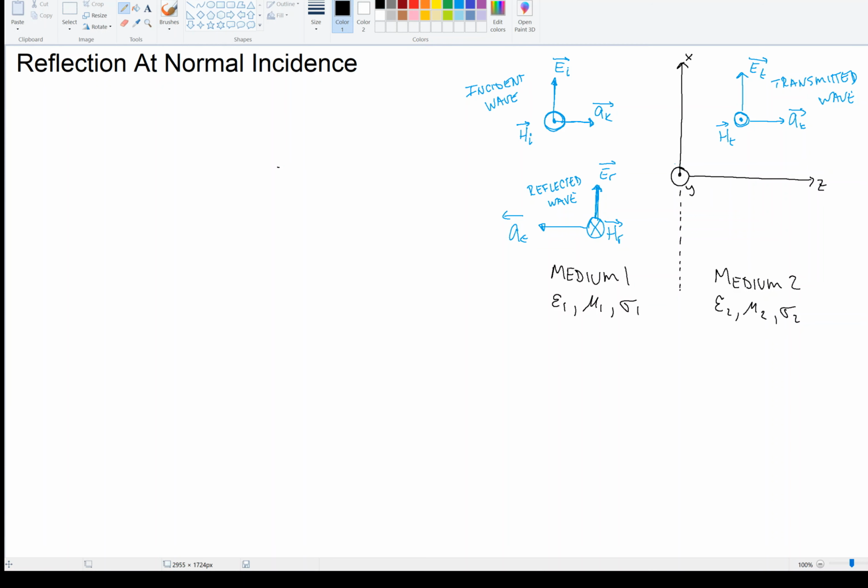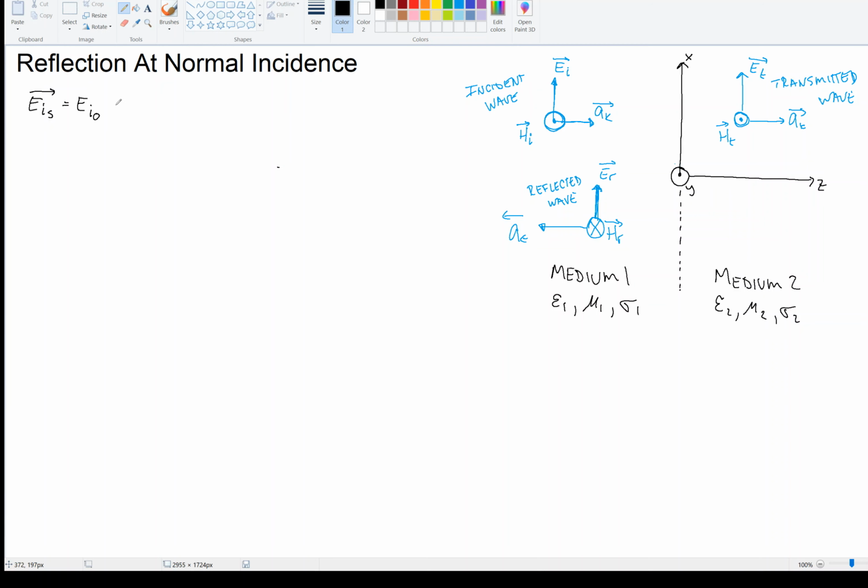Good. Now, we're supposing that the interface is at z equals 0, like I've shown here, and the incident wave is traveling in the positive z direction, and we're also assuming that the electric field is in the positive x direction. So we can write the incident wave in phasor notation, or at least the electric field portion, E_I0.